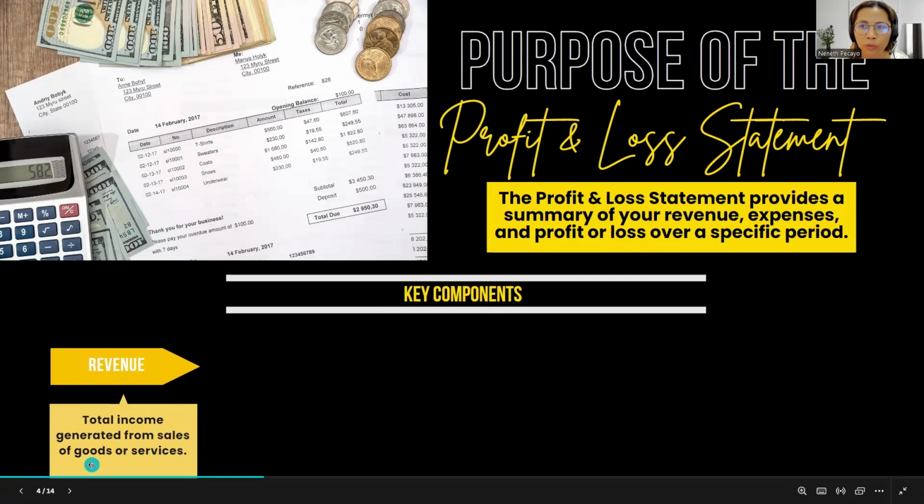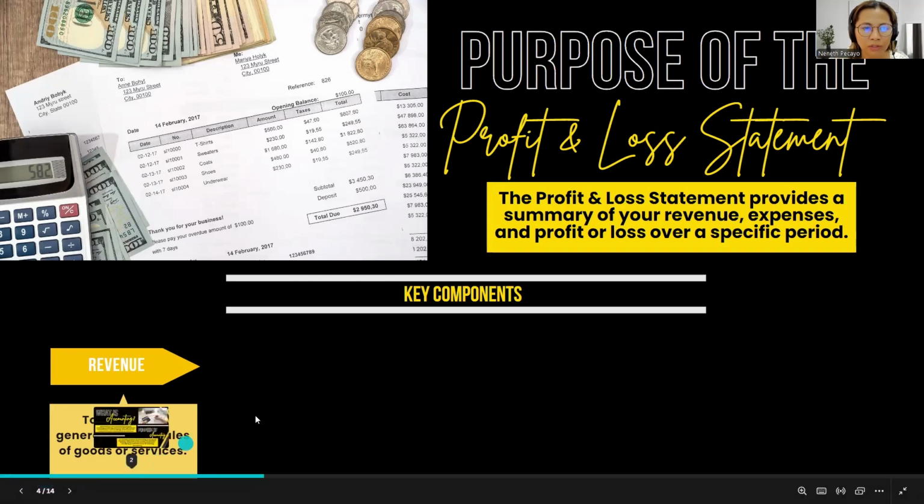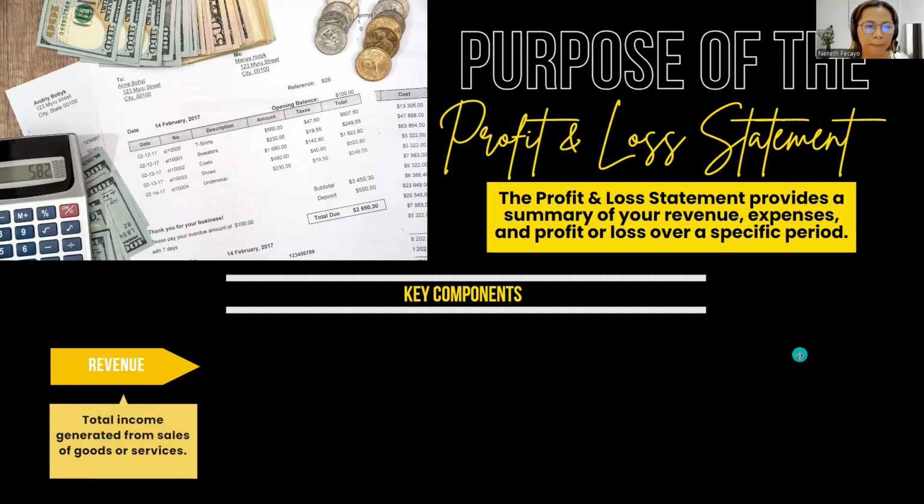So, everything that you have sold that relates to your core business, the goods and services, will go to revenue, total income.